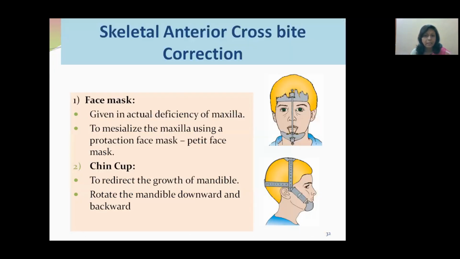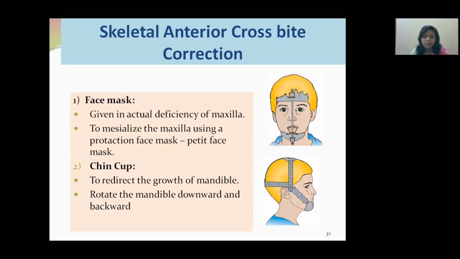So skeletal anterior crossbite can be corrected with the help of a face mask and the chin cup. A face mask can be given in actual deficiency of the maxilla to mesialize the maxilla using a protraction face mask, where we have different types of face masks, Petit face mask, Delaire face mask. Any one can be given for the correction of this skeletal class 3 malocclusion.